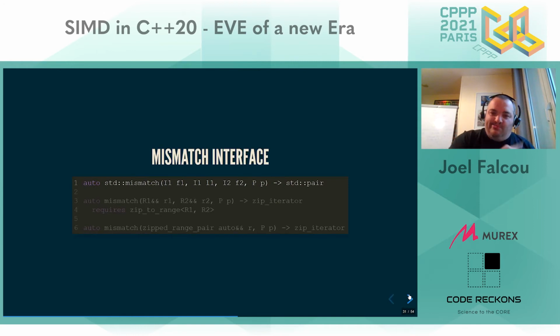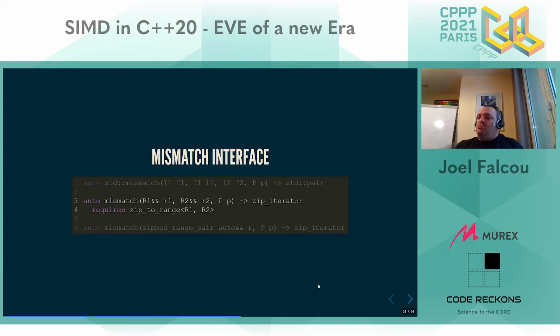So the standard iterator-based mismatch looks like this. You take both first iterators, the iterator to the beginning of the second range, and your predicate, and it returns a pair. What we do is we await two ranges, of any kind, and a predicate, and what we return is a zip iterator.